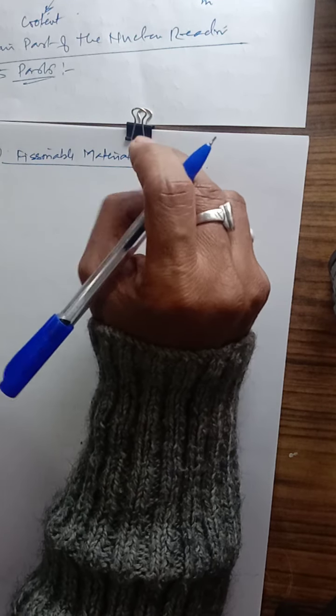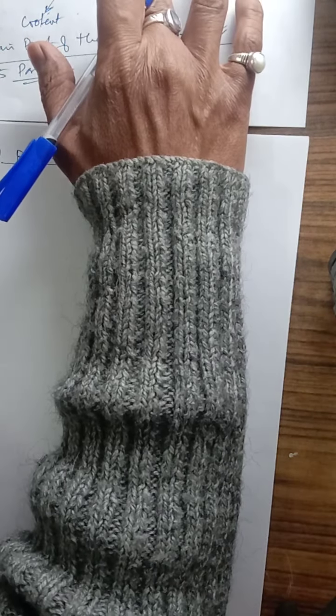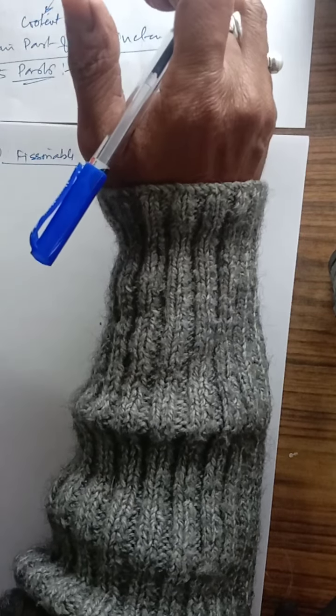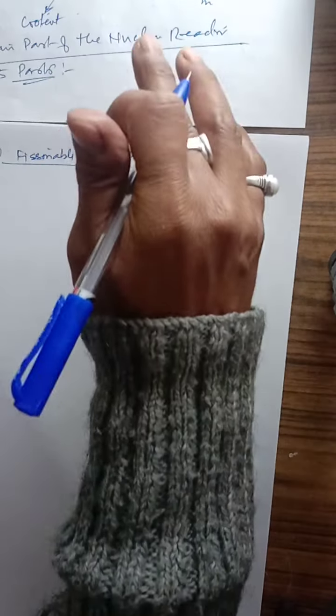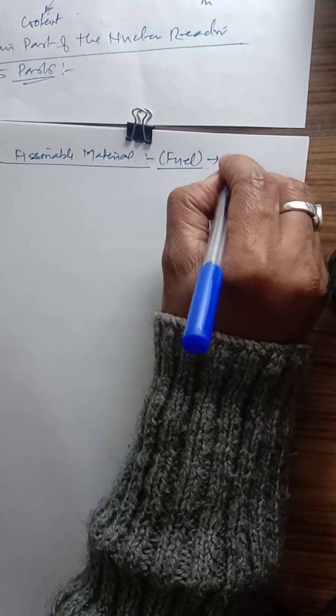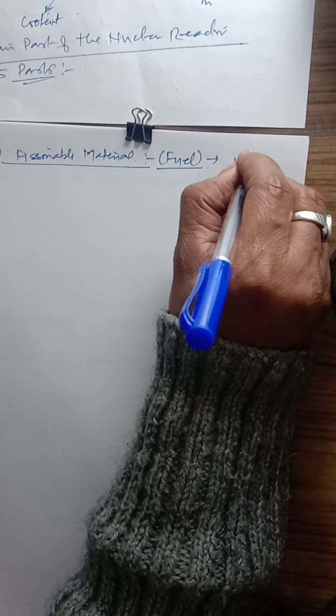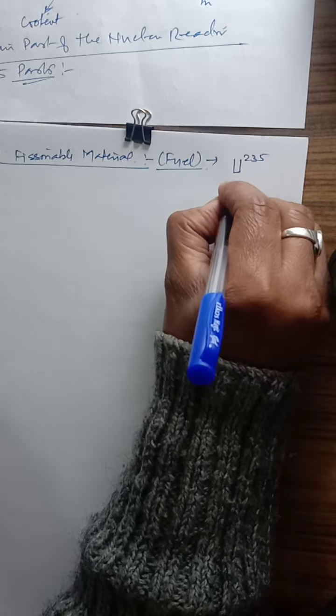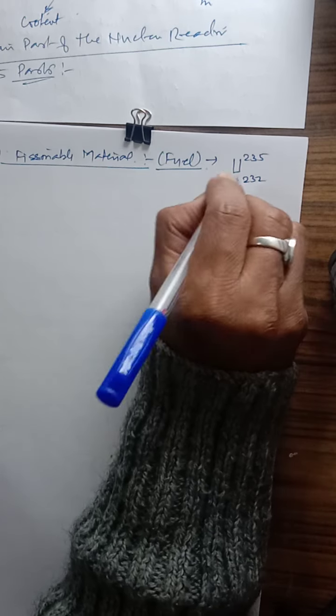The material used in this reactor is called the fuel. Mostly we are using the uranium material, 235. We can also use thorium 232.